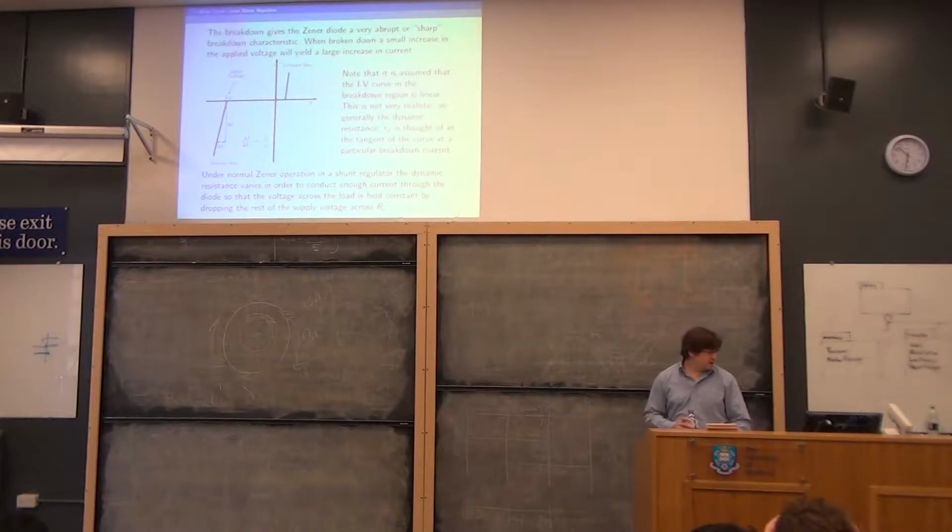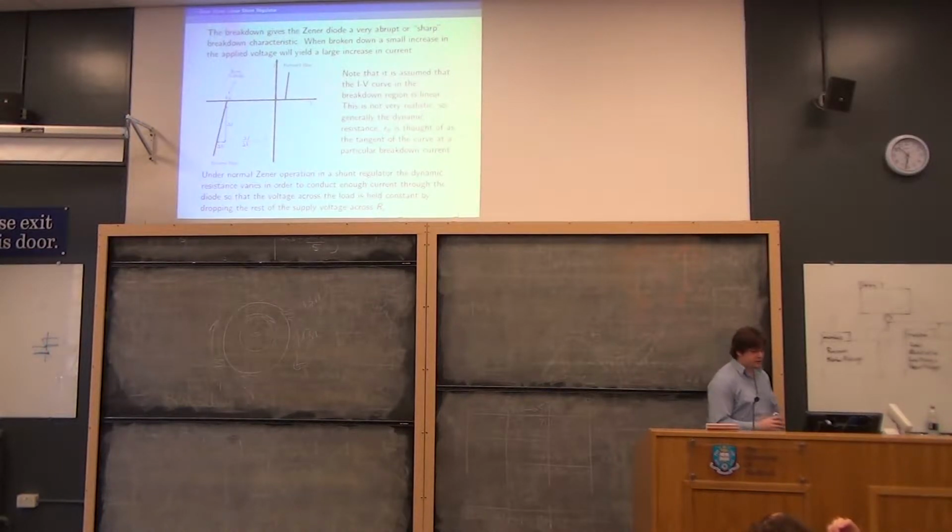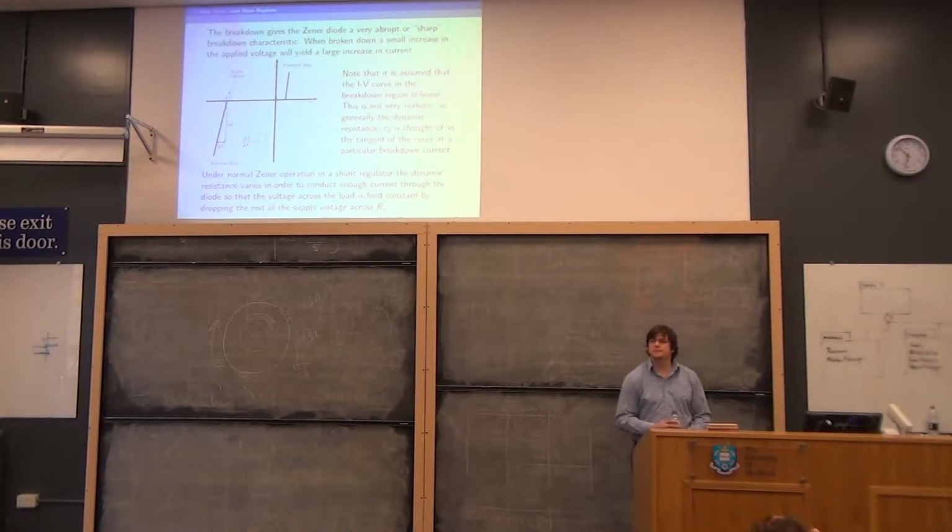So there is a breakdown characteristic for a Zener diode, and the bit we're interested in is on the left. Specifically, we're interested in the change in current for the change in voltage. If you look at the dI by dV there, we've got quite a large change in current for quite a small change in voltage. And this is ideal for making our shunt regulator.